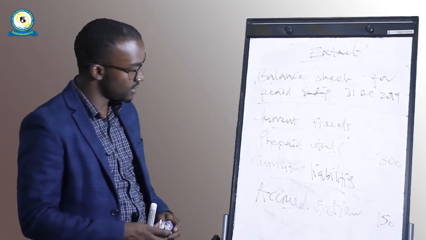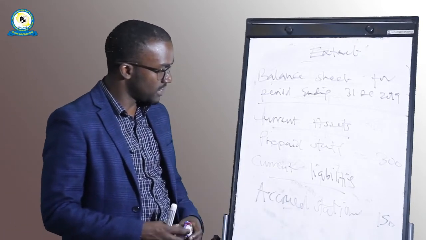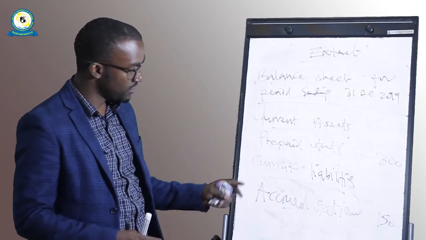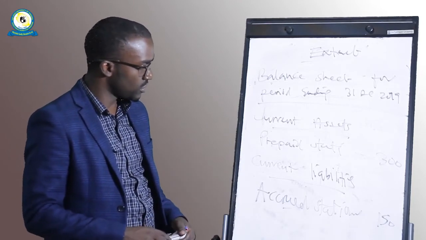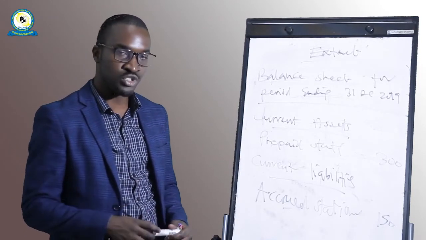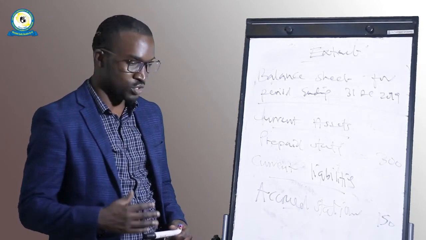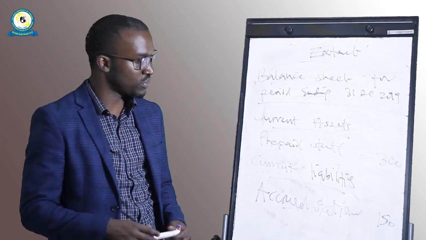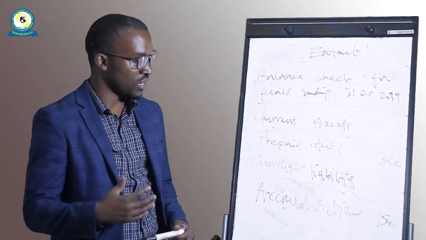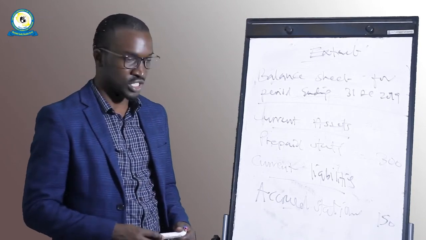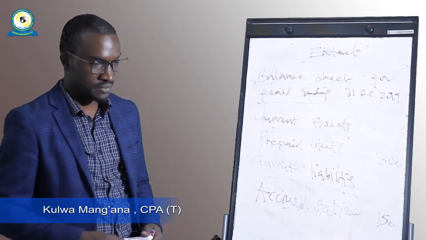So by giving these examples, I hope that no one should be troubled with the treatment of accruals and prepayments, because I've tried to give you a number of examples and the accounting treatment of how these transactions should be treated. Okay.